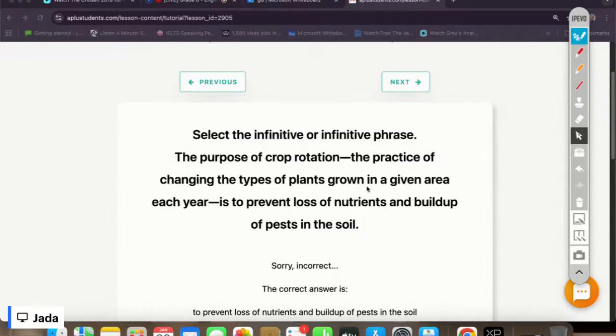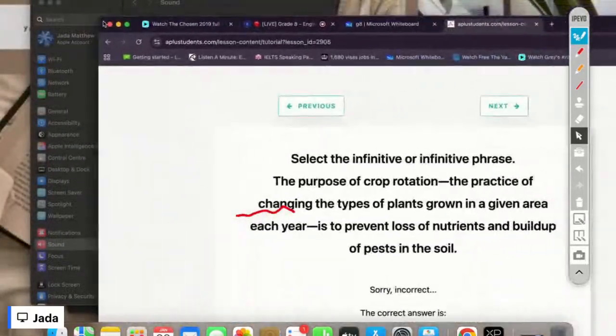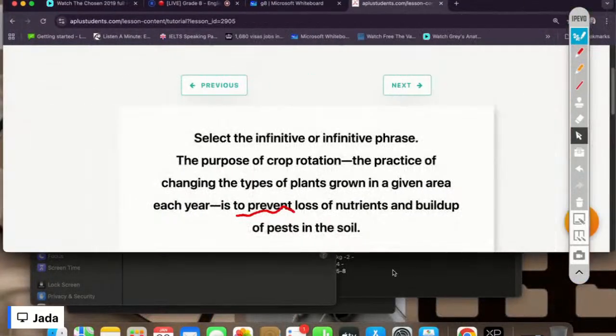The purpose of crop rotation, the practice of changing the type of plant grown in a given area each year, is to prevent loss of nutrients and buildup of pests in the soil. So we have to prevent. That's the infinitive, okay? It always begins with what? To. Alright, so that's the best way to identify it.